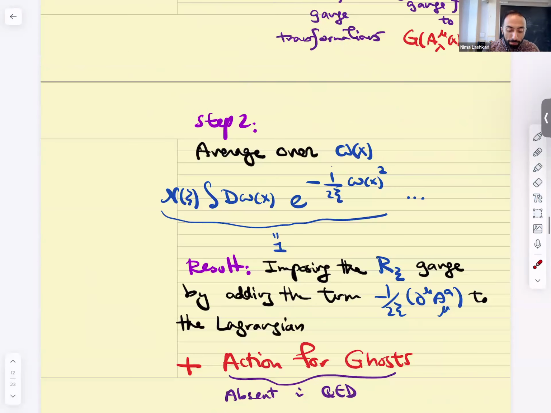I can path integrate over omega of A's with a measure that integrates to 1. So this is averaging over gauge conditions. I'm allowed to do that, right? Because they're all equal. The functional integral does not depend on the gauge condition, so I can average it. This normalization makes sure the average is 1.